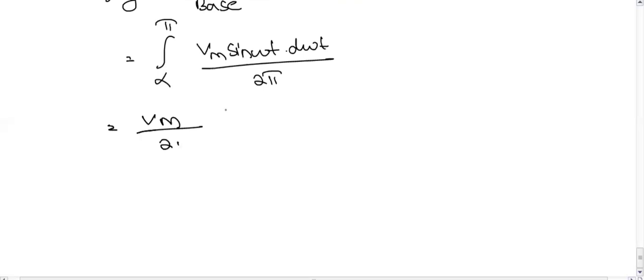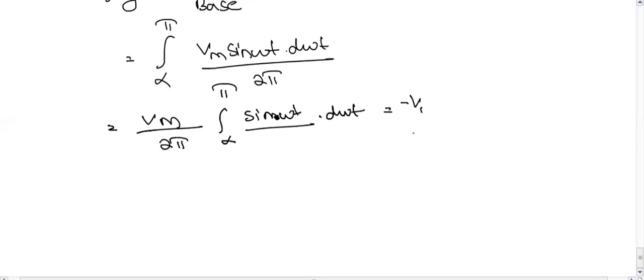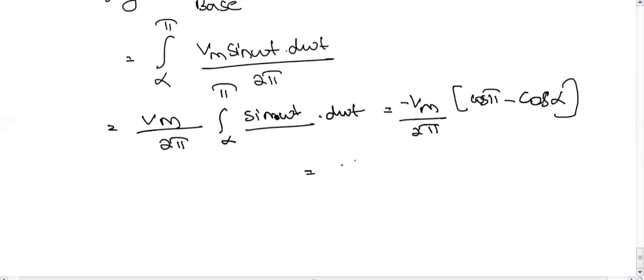Now this is your basic integration only. Vm by 2 pi integral alpha to pi sine omega t d omega t. I'm skipping some steps of integration; you can write it directly. It will be minus Vm by 2 pi into cos pi minus cos alpha, which is equal to minus Vm by 2 pi into minus 1 minus cos alpha, since cos pi is minus 1.